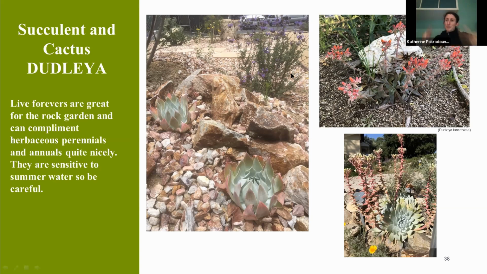A lot of people will put them in desert scapes, and that's really not what they should be in, and they tend to look more brown and less attractive than they would in the right kind of condition. So just be aware, don't overuse it in a super dry, hot scenario. If it's going to be hot and dry, make sure it's getting a little more water. It appreciates more water than most people give it.